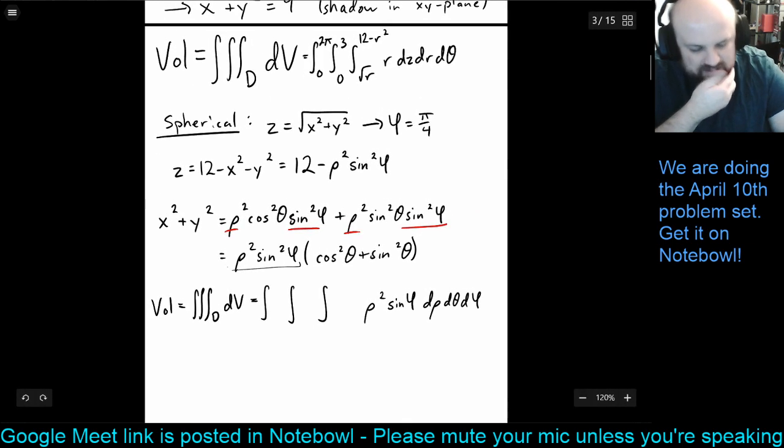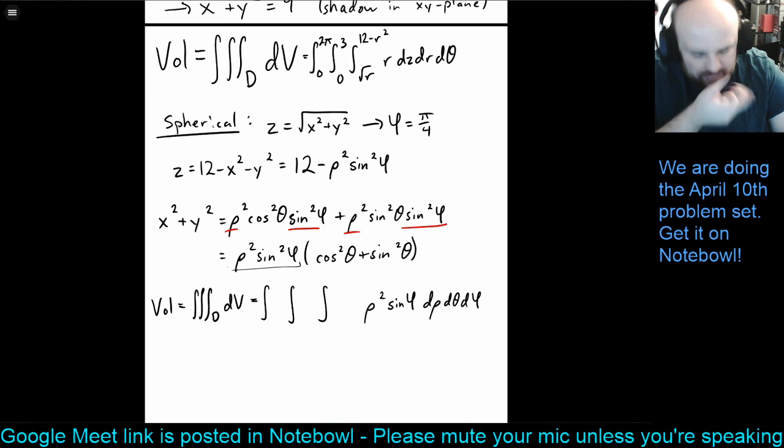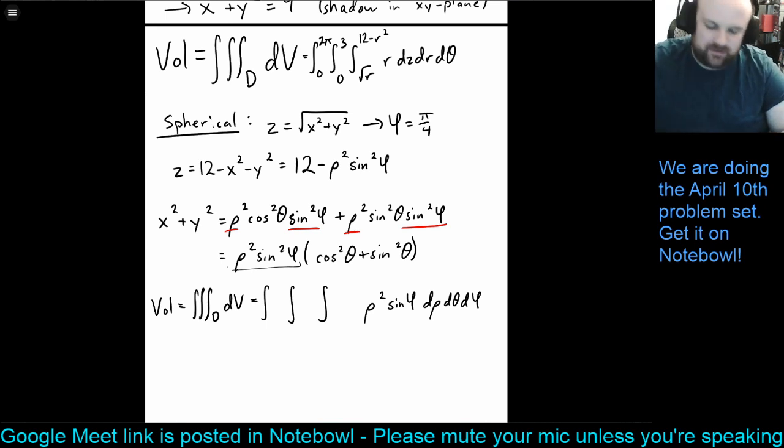This paraboloid's actually going to be a little tricky. I wasn't planning on doing spherical coordinates for this. I'll have to think about it a little bit.